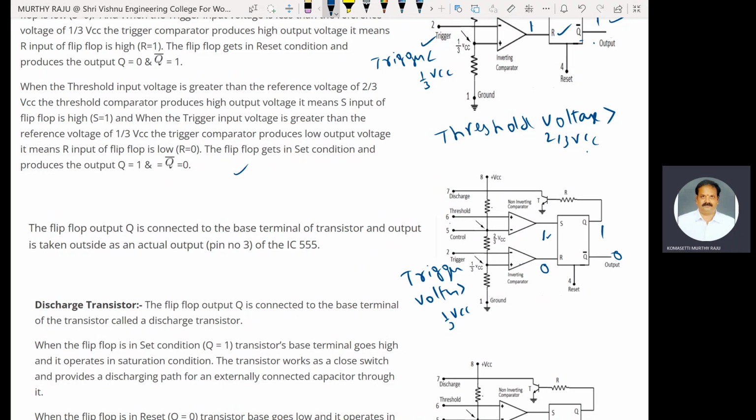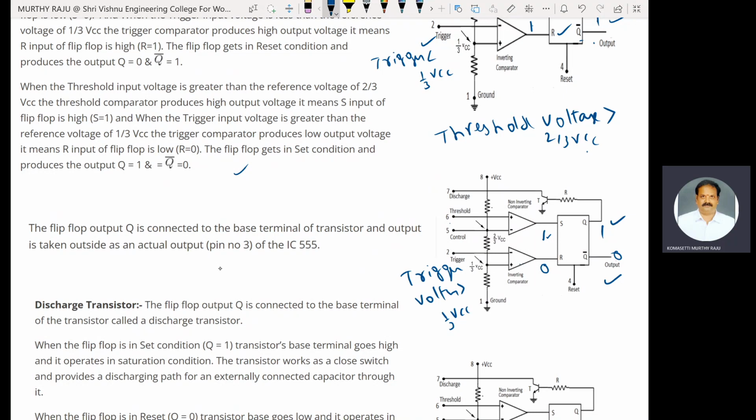The flip-flop gets into set condition and produces the output Q is equal to 1 and Q dash is equal to 0.